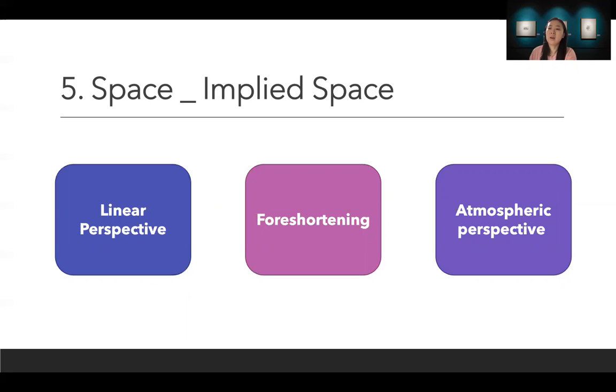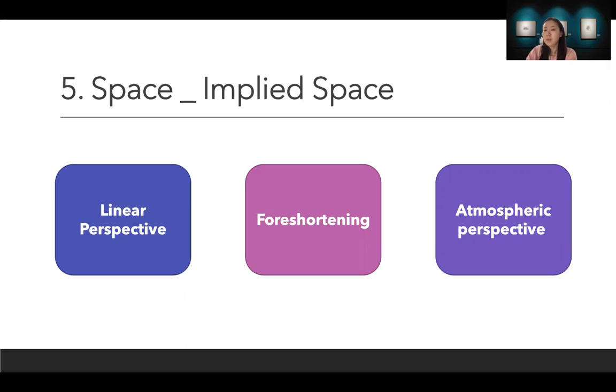There are three implied space techniques. The first one is linear perspective, the second one is foreshortening, and the last one is atmospheric perspective. These implied spaces are important for today's discussion.